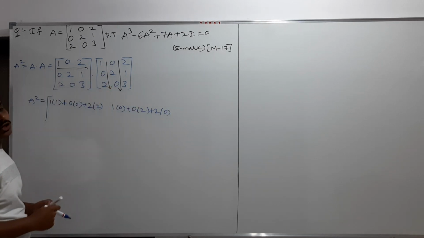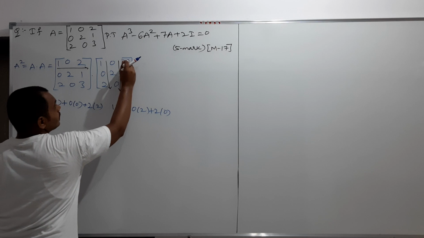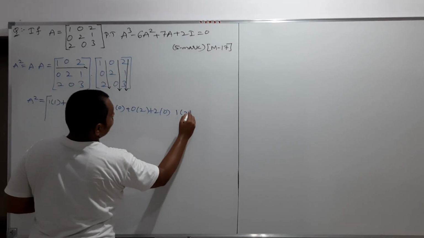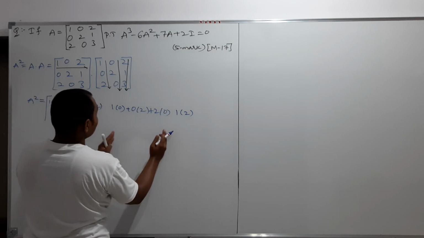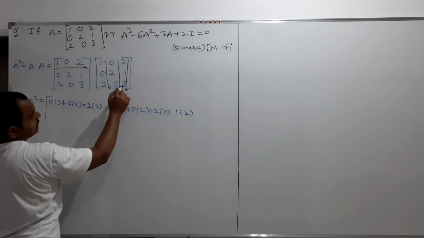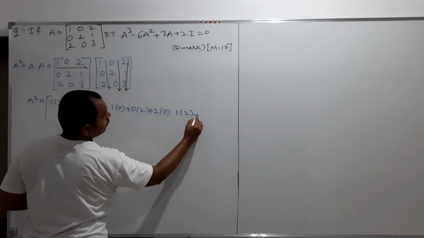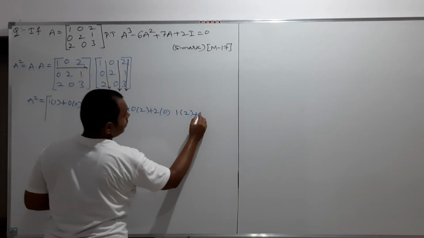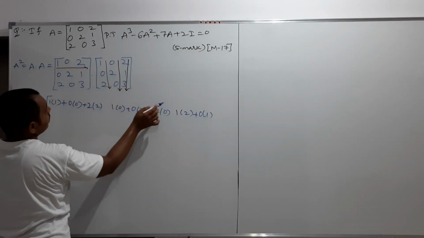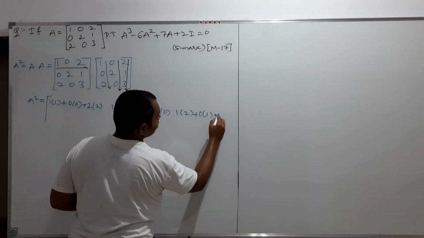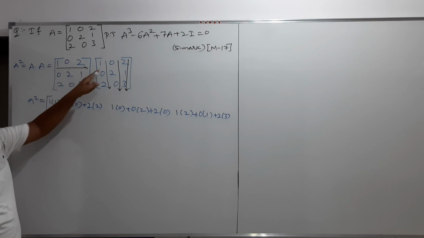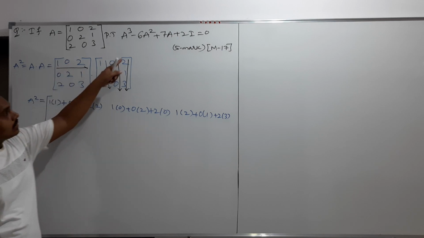Next, first row, third column: 1 into 2 plus 0 into 1 plus 2 into 3.